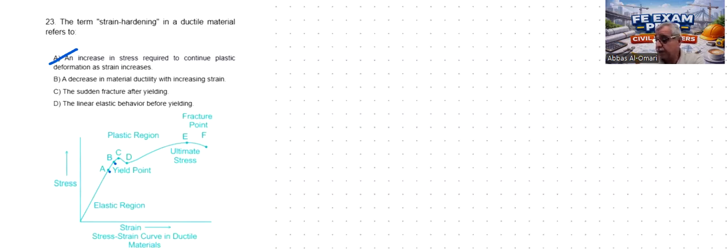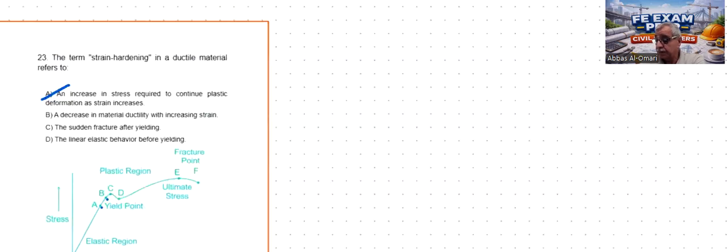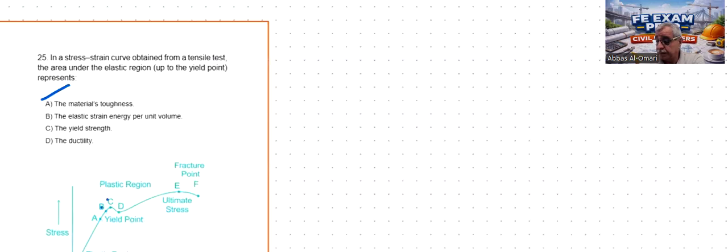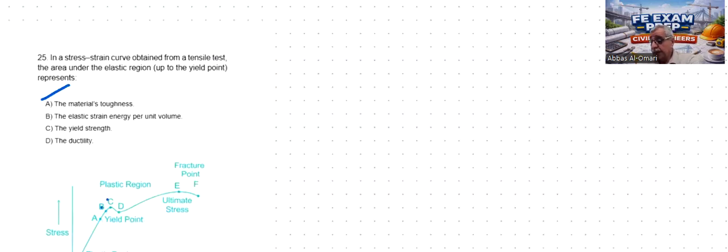The next question. Now, in a stress strain curve obtained from the tensile test, the area under the elastic region represents... So this is again a question about the stress strain diagram, which is something important.